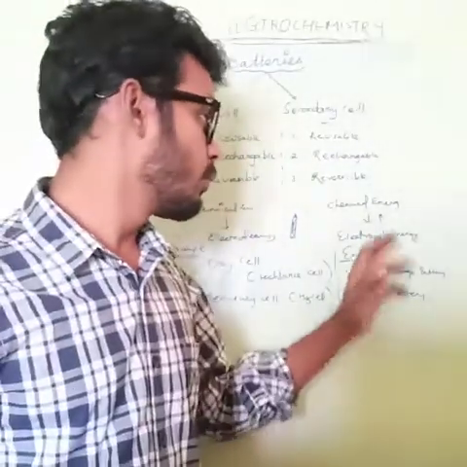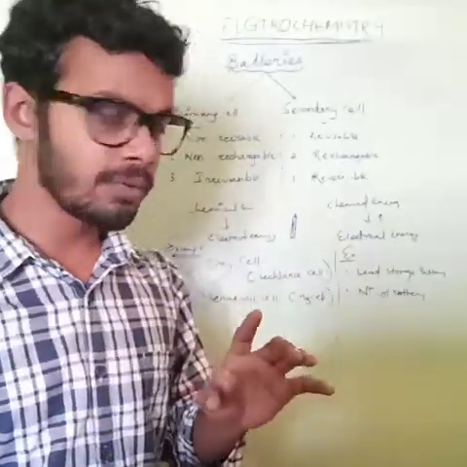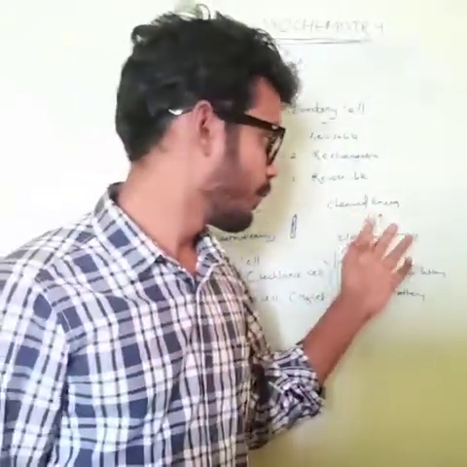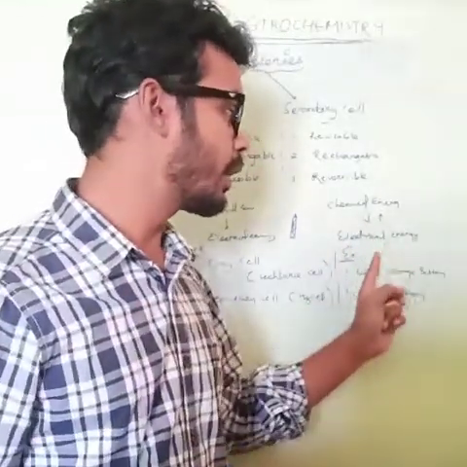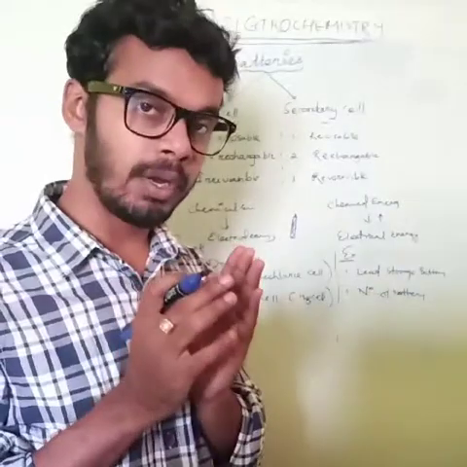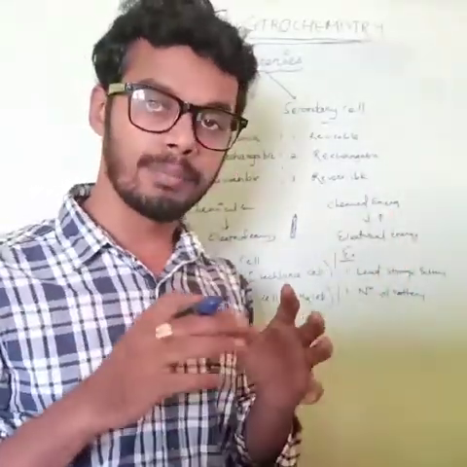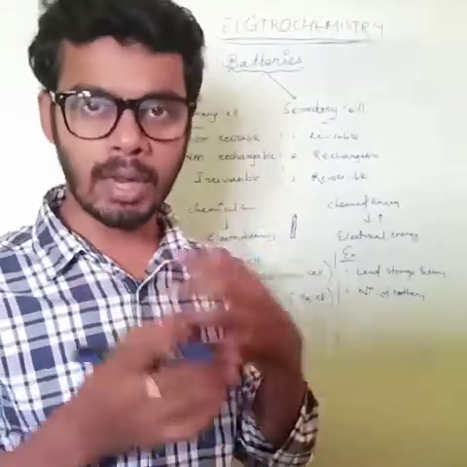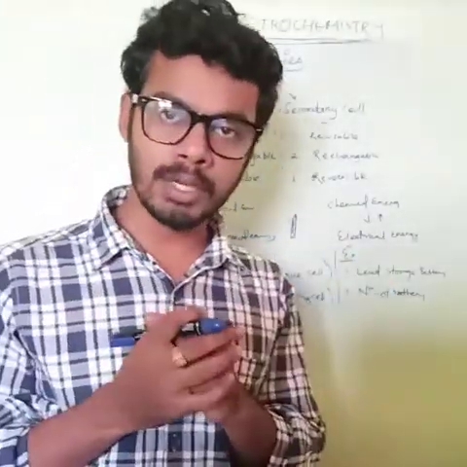Here what happens, the chemical energy gives electrical energy initially. Okay, while you are charging it, again you are applying electrical energy or electricity to your inverter battery or a rechargeable battery. Something happens inside, that is the chemical reactions by which it will store energy.